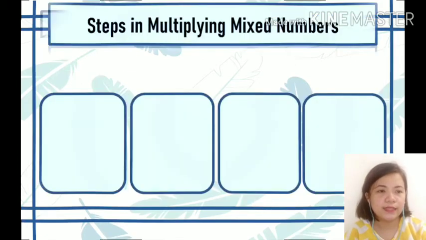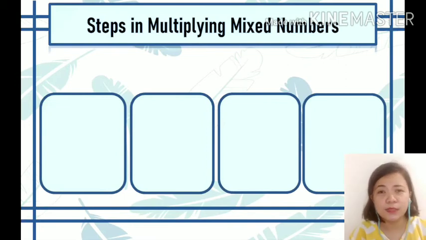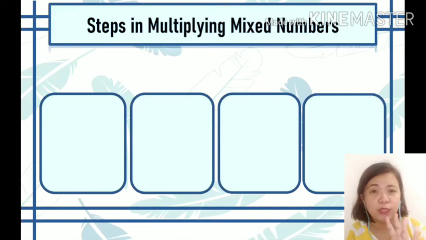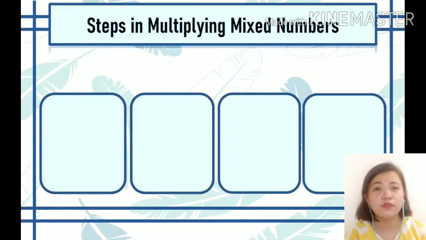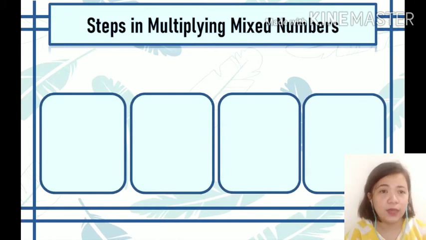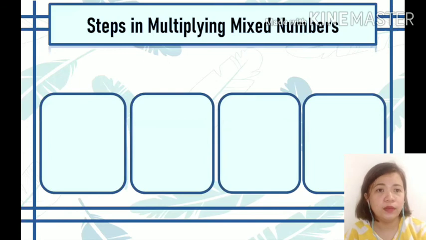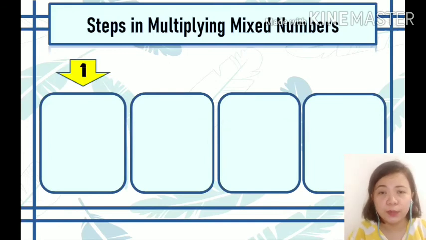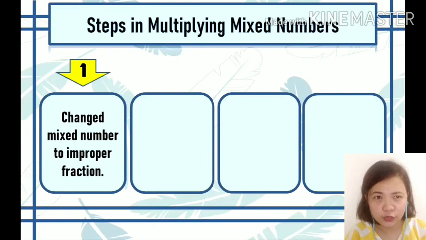Now, let's have the steps in multiplying mixed numbers. There are just 4 steps. We're just going to add one more step before all those steps that we had a while ago. The first one is we're going to change the mixed number to an improper fraction.